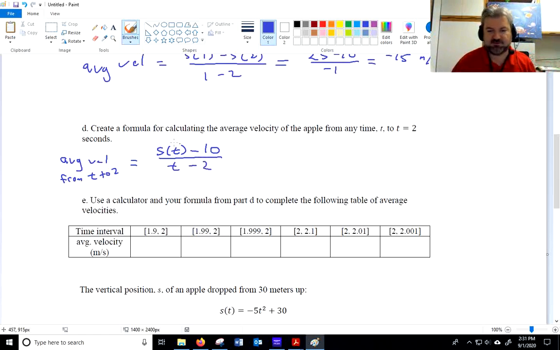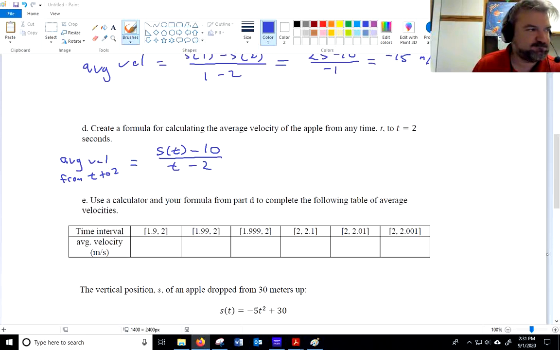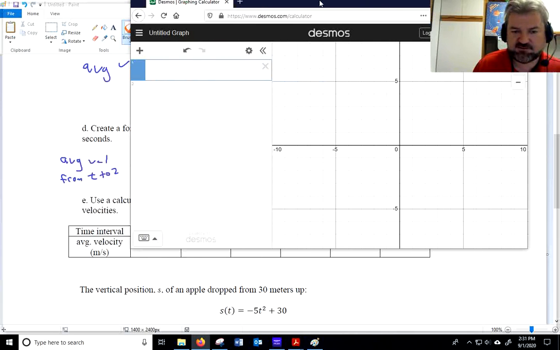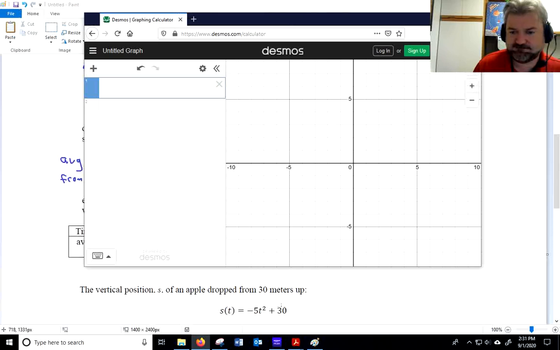We're going to use a calculator and our formula from part D to complete the following table for the average velocity. So let's do it. Okay, I'll use Desmos here to do this.